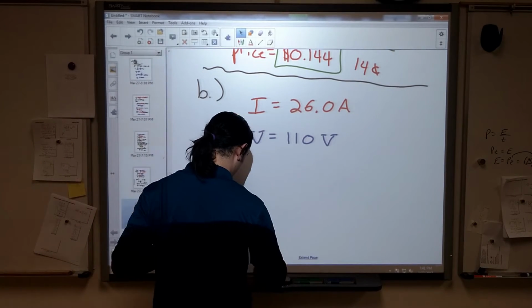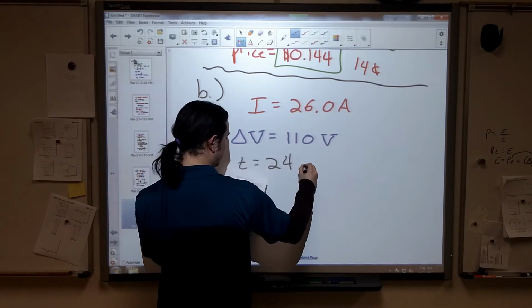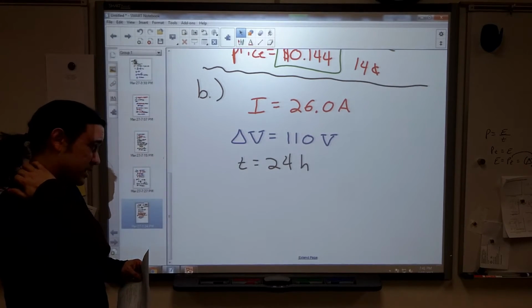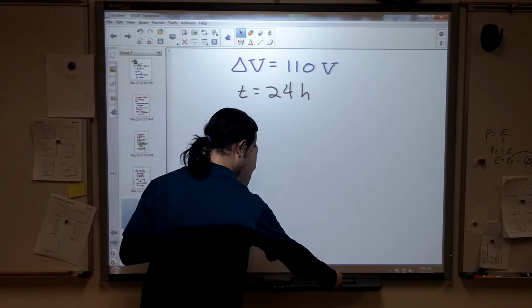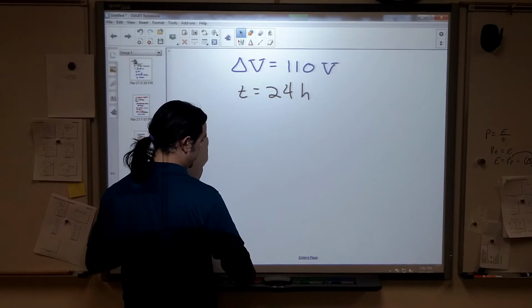All right, they want to know how much it'll cost to run this for, dear Lord, 24 hours? Keeping an oven on for 24 hours is not going to be cheap. Let's see. All right, so if we want to find the price, here's where we do some of the stuff that we did in class.